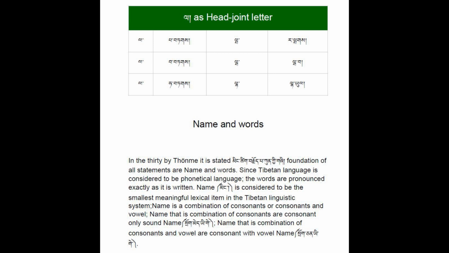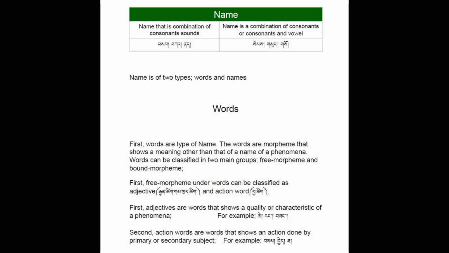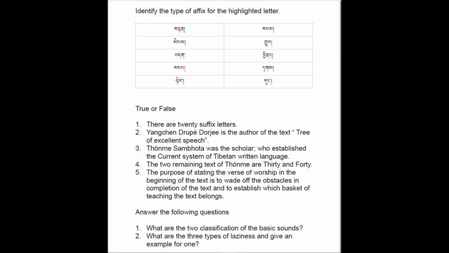And the name is a combination of consonants or a combination of consonants with vowel. So any grammatical structure in Tibetan that is a combination of vowels or consonants which has a meaning by itself is known as a name.